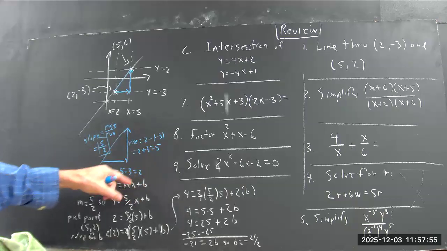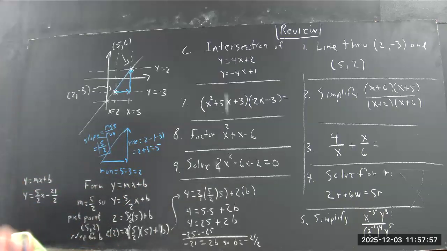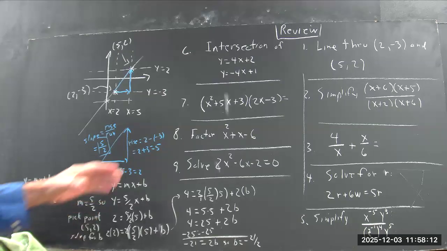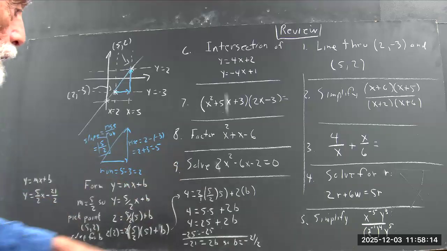So I've obviously done something wrong in this solution. But the slope is 5/2. I honestly don't see what step is wrong, but I'm not going to dwell on it.